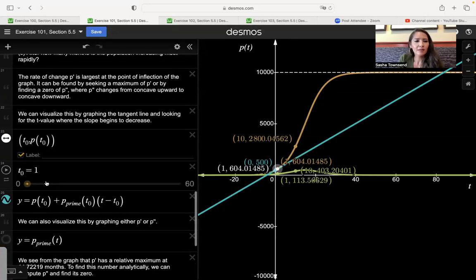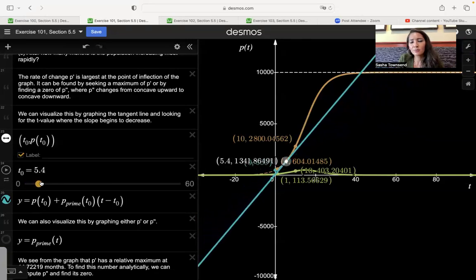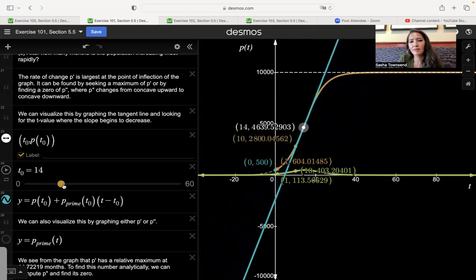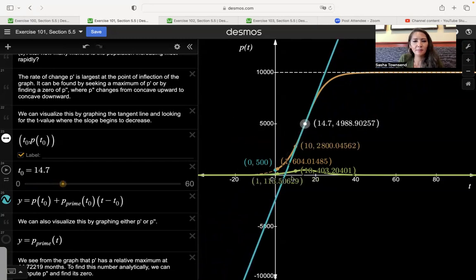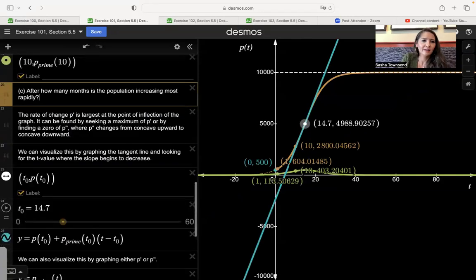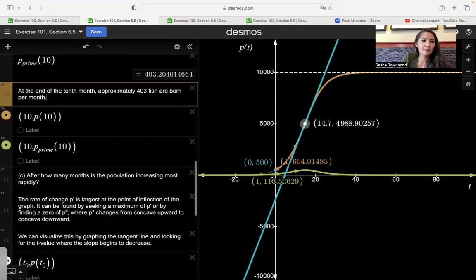113.5. Now, as our t values continue to increase, we can see that the tangent line is getting steeper and steeper. And it gets to its steepest point at that 14.7 number, that maximum of the derivative function. It's a little bit easier to see if we ask Desmos to stop labeling all those points.